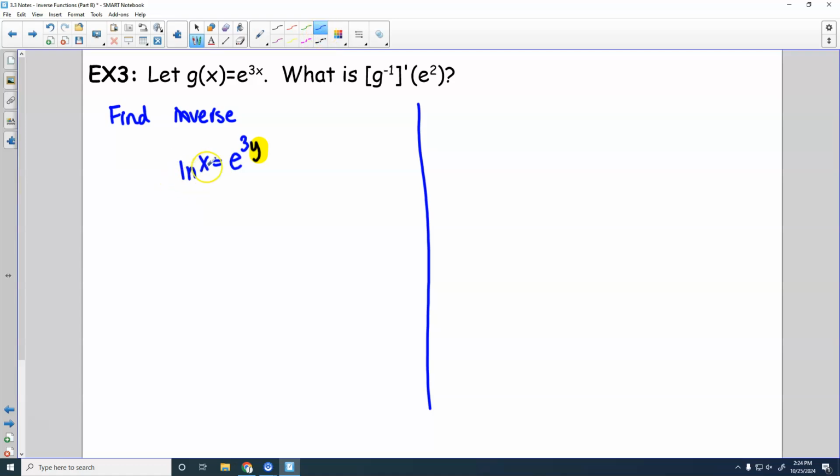I'm going to take the natural log of both sides to get rid of that e. So I've got the natural log of x equals 3y. And then what do I have to do? Divide by 3. So g inverse of x is going to equal natural log of x over 3.